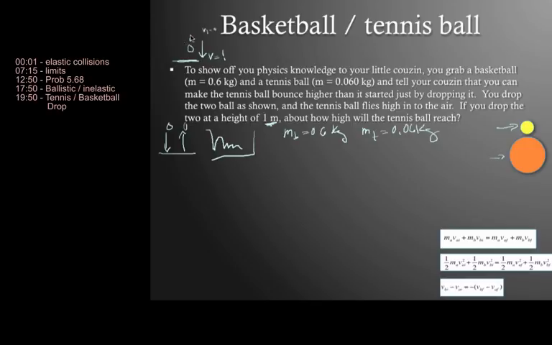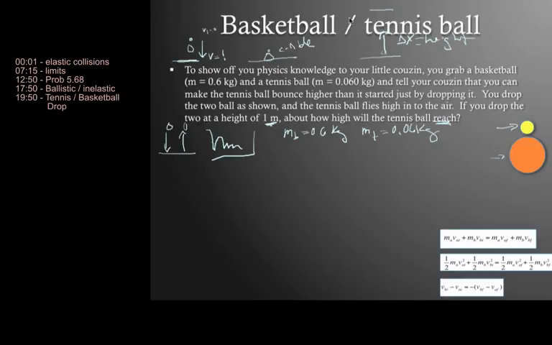After you drop them, there's going to be a collision here, where the two collide. And then after the collision, this tennis ball, at least according to this problem, is going to fly up high into the air. And this is kind of this delta x, the height, and that's what we want to find out.